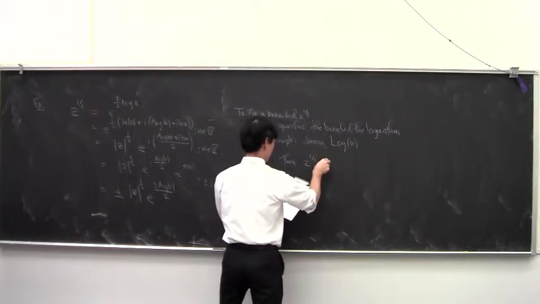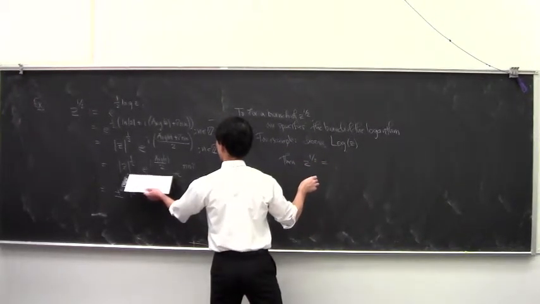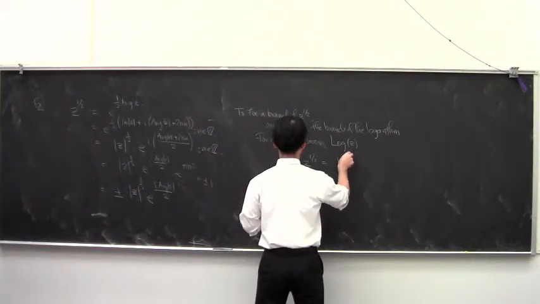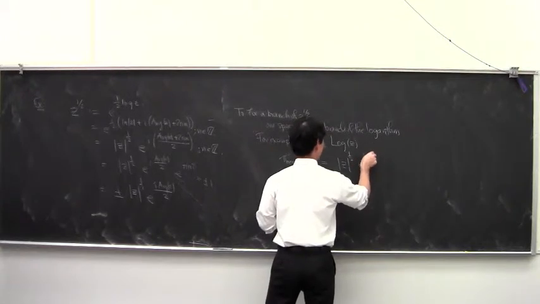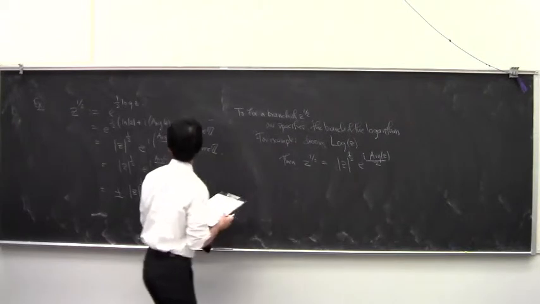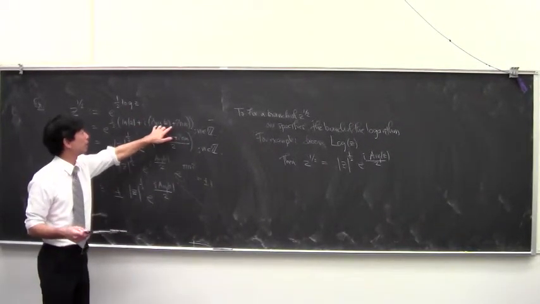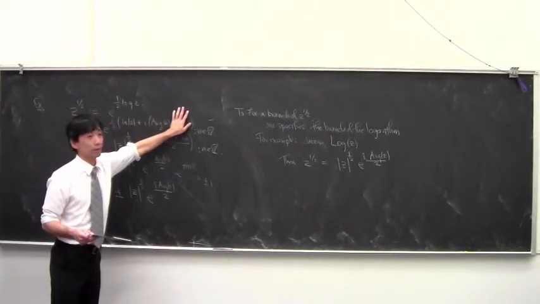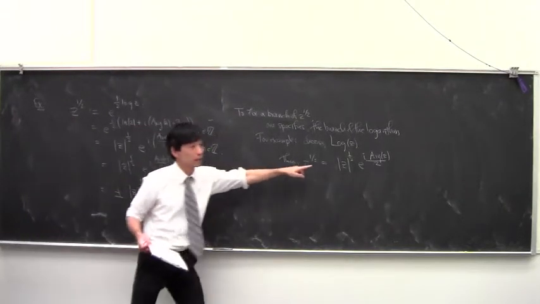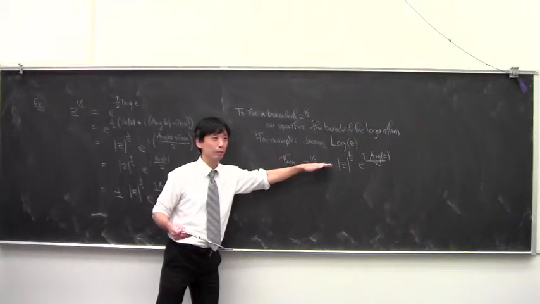Z to the 1/2 is going to be e to the i arg z over 2. Because you're going to specify the branch of a log. We're going to choose the principal branch. That means we're going to throw out this, and so we end up with just that. So this would be specifying one branch of the square root function.